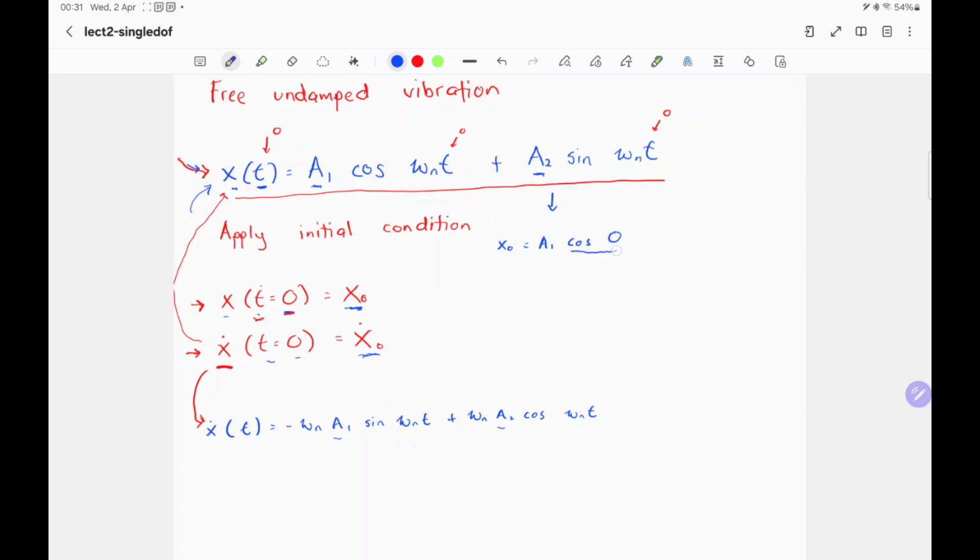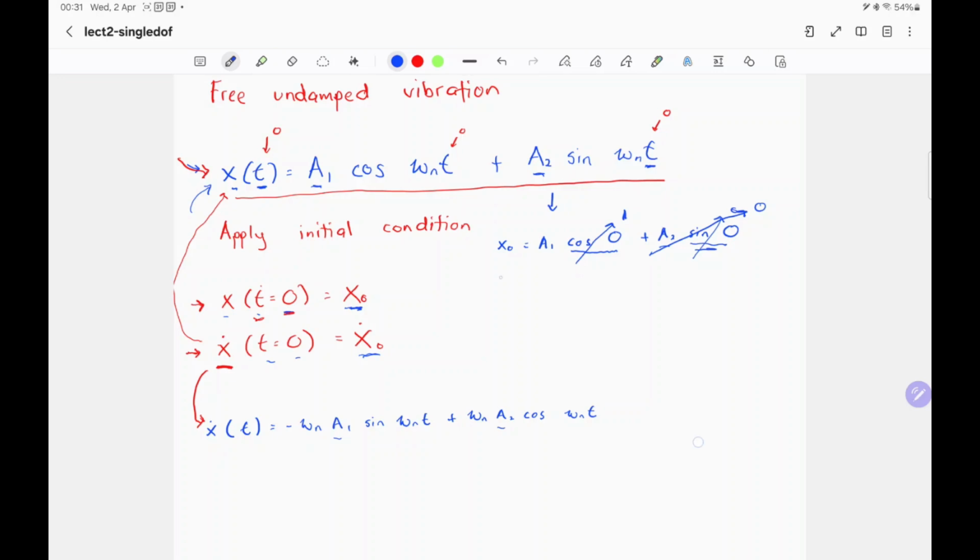So cos 0 is 1. You learn this in mathematics. Plus A2 sin 0, because t is now 0, and sin 0 is 0. So A2 multiplied with 0, all of this will become 0.